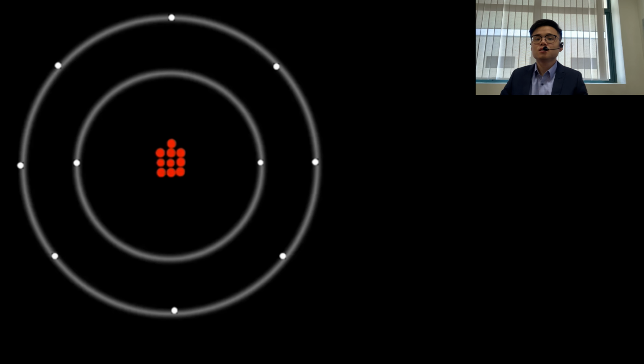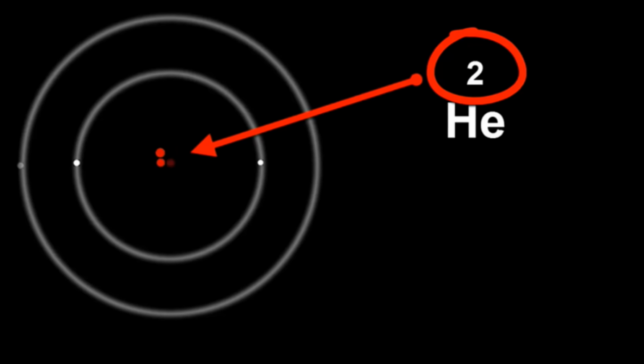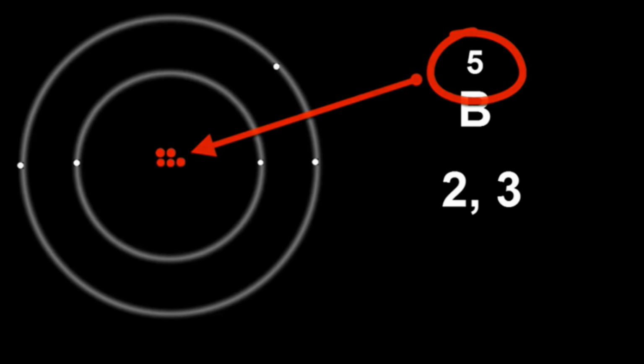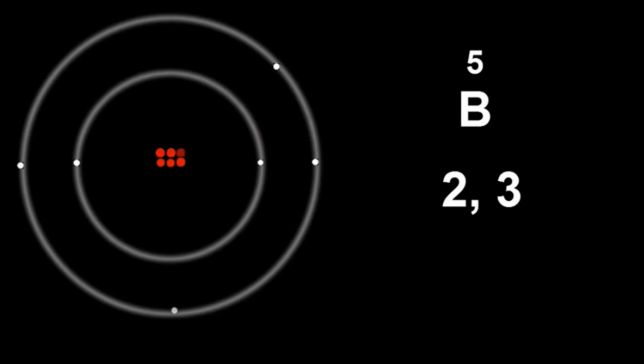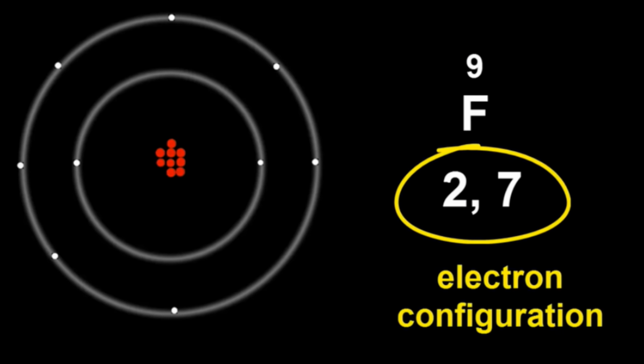We just built atoms of the first 10 elements on the periodic table. Each one has a different number of protons and electrons and a different electronic configuration. As you learn more about atoms, you discover these elements are what they are because of their protons and electrons.